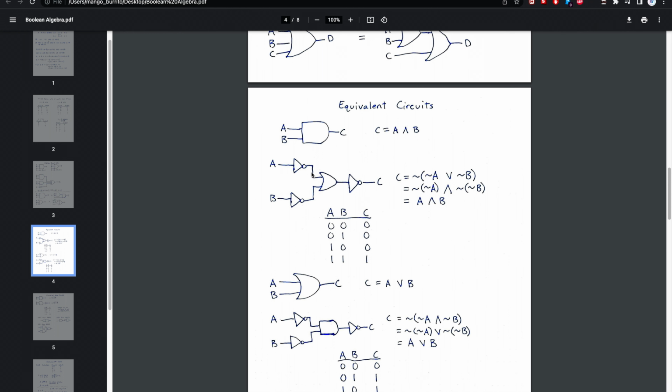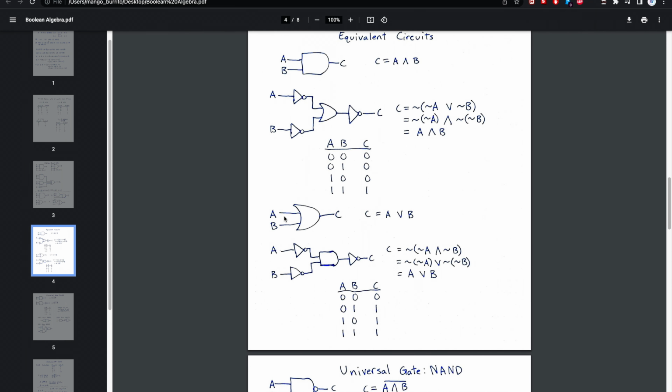So not A, the output of that, or the output of not B. And then this one right here is a not operator on everything before it. And these are all the same. They have the same truth table.